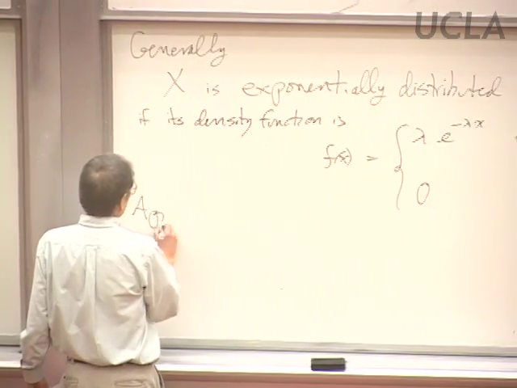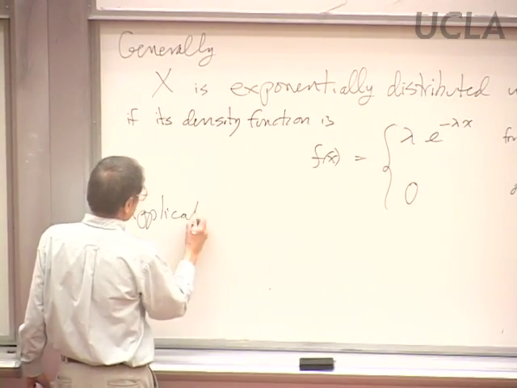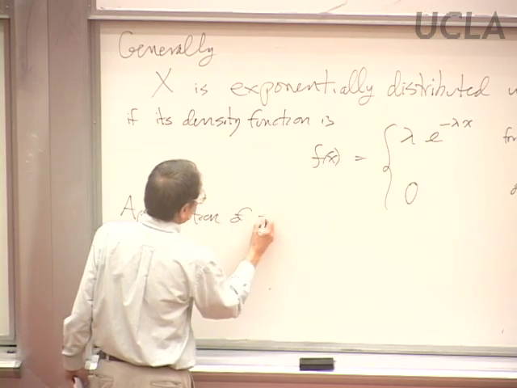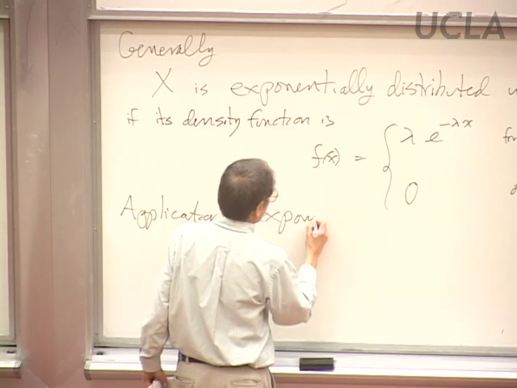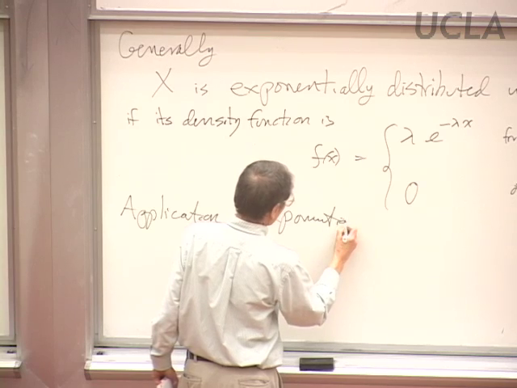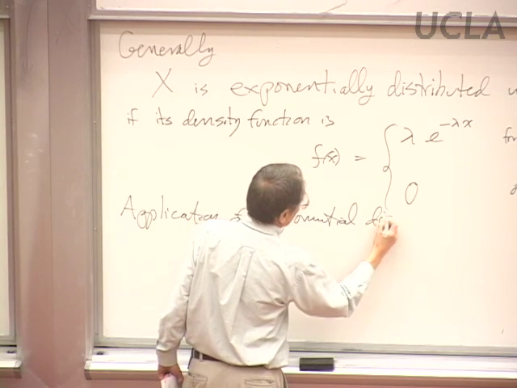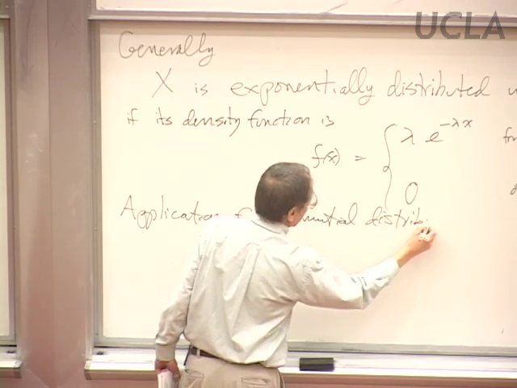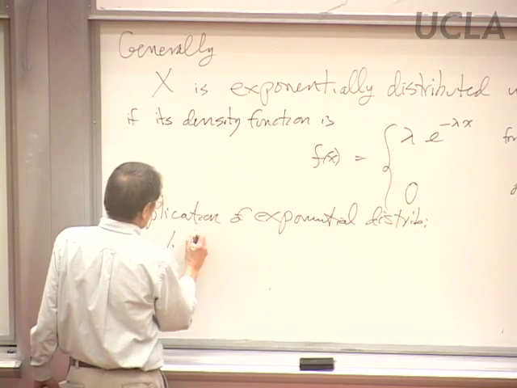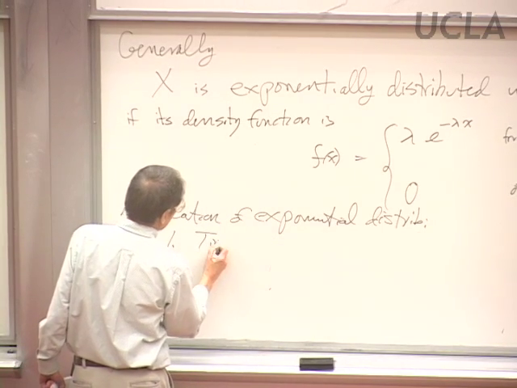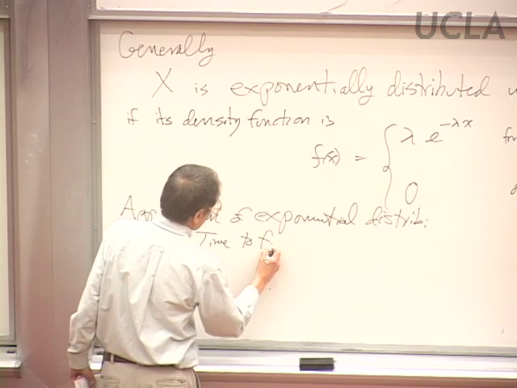And so some applications of the exponential distribution. Well, there's one we know so far: the time to the first hit in a Poisson process.